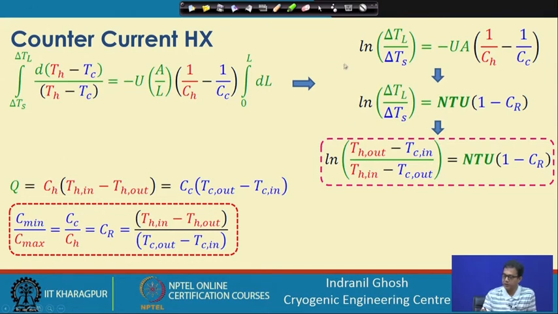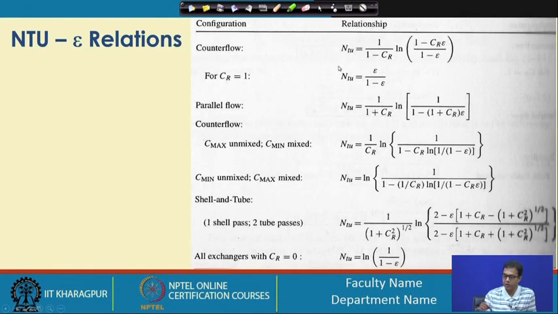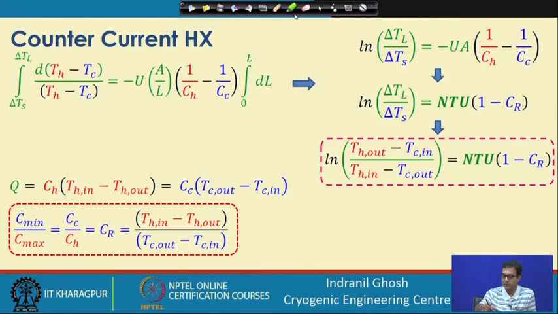Now, you see this was the relation we have obtained in the earlier discussion. Now, here we have made a small change. In this case we have assumed that C_H is the minimum capacity fluid, sorry, this we have taken as C_R.